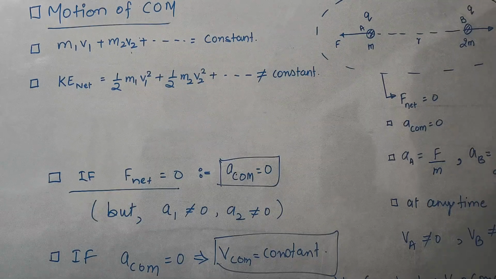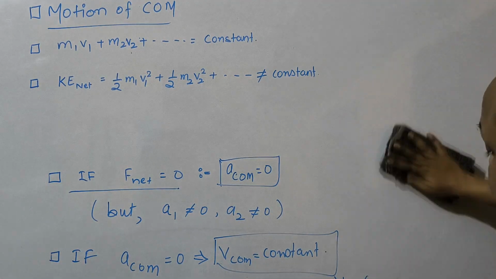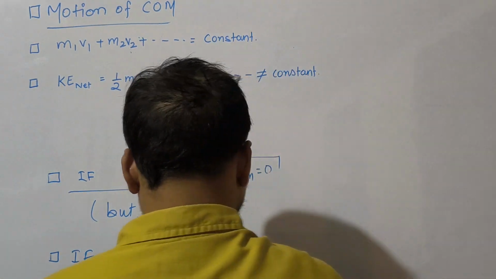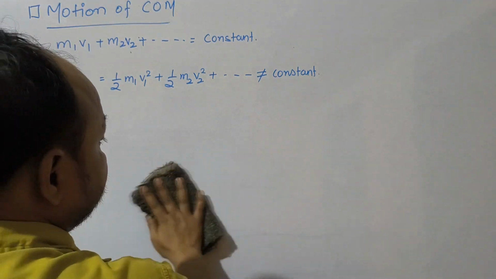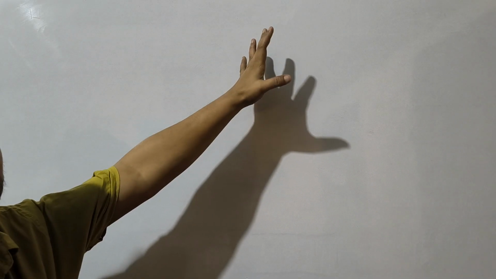I am erasing these terms. So till now what we have learned is that if a system is at rest and net force is 0, then the net acceleration of the center of mass will be 0, and the velocity of the center of mass will remain constant.